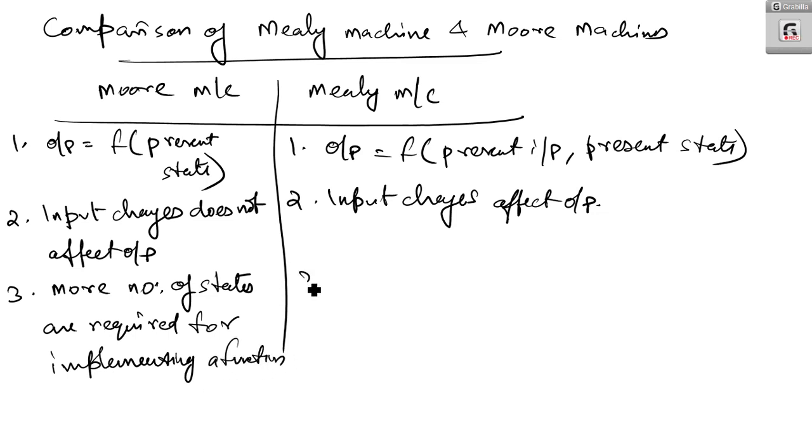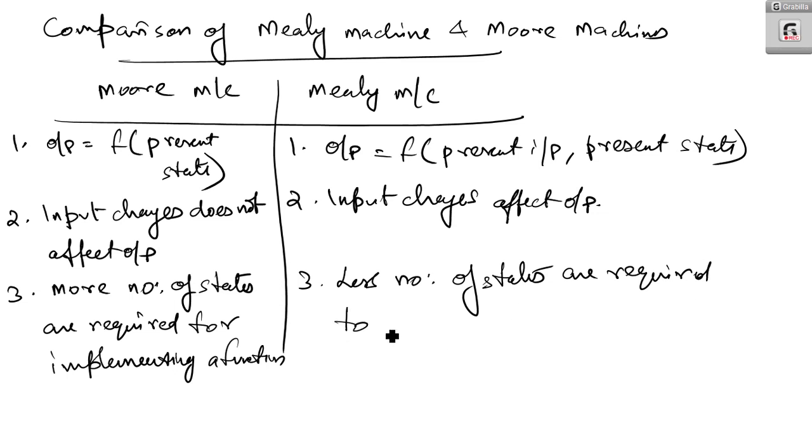Whereas here, compared to Moore machine, less number of states are required to implement a function. So that is the basic difference between Moore and Mealy machines.